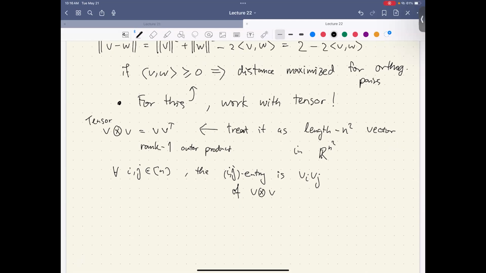Now let's consider the inner product, but with respect to tensors.